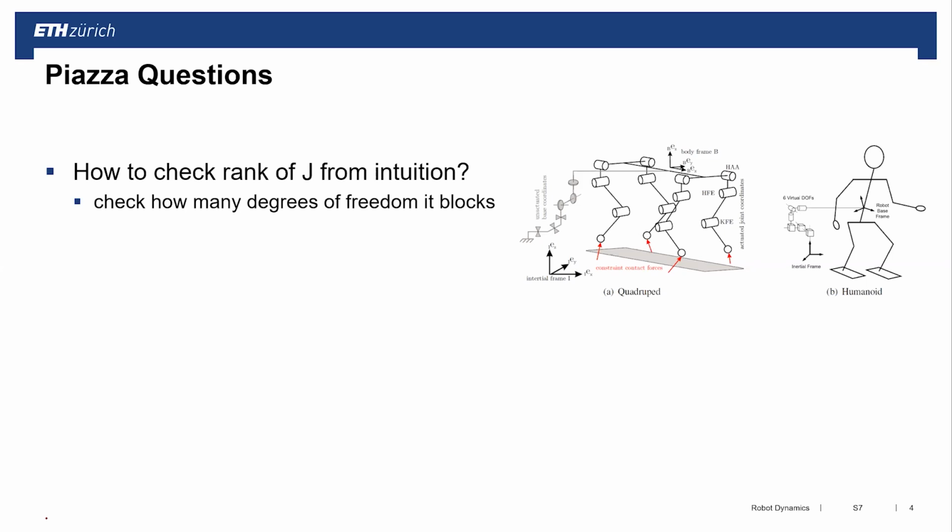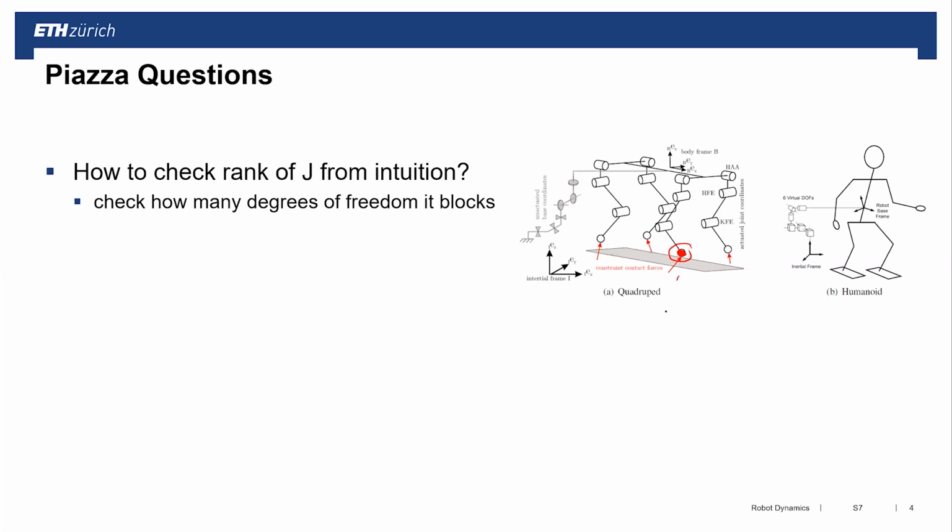Let's have a look at these examples here that we have with a biped and a quadruped. If I take a biped and I look at this contact point here of one foot, this contact point typically imposes 3 constraints. So we cannot move in X, we cannot move in Y, and we cannot move in Z. These 3 contact directions or these 3 constraints, they're completely independent linearly.